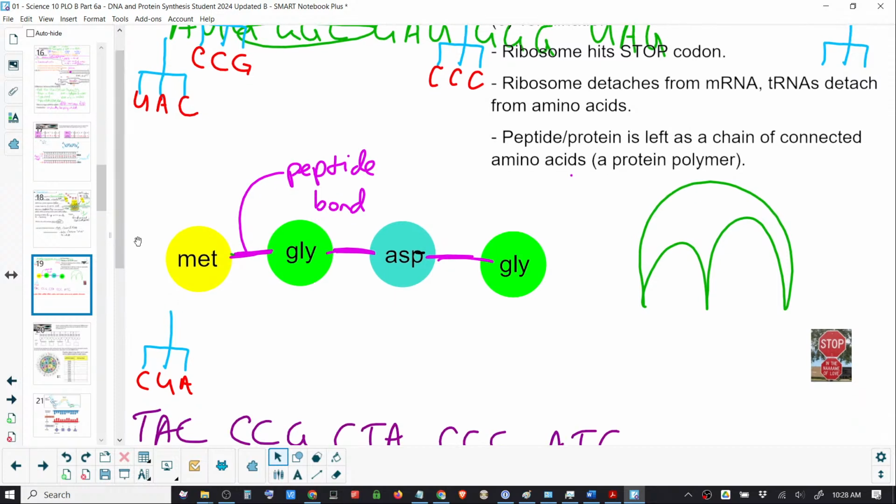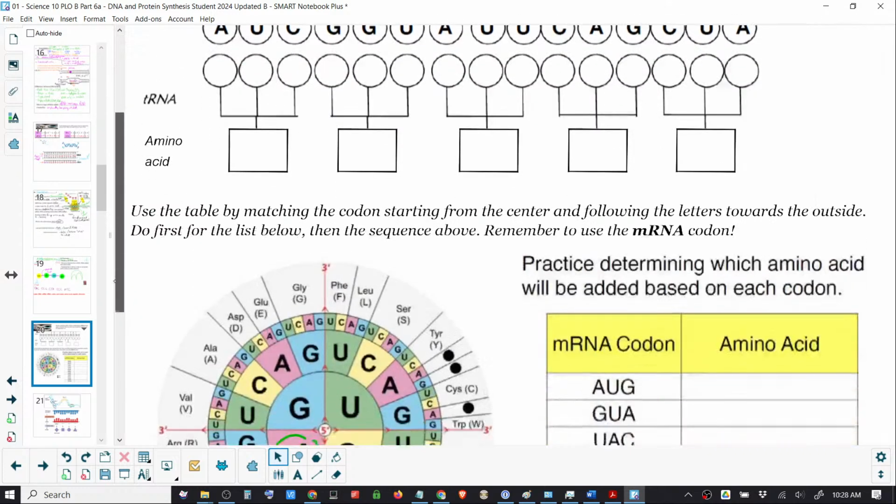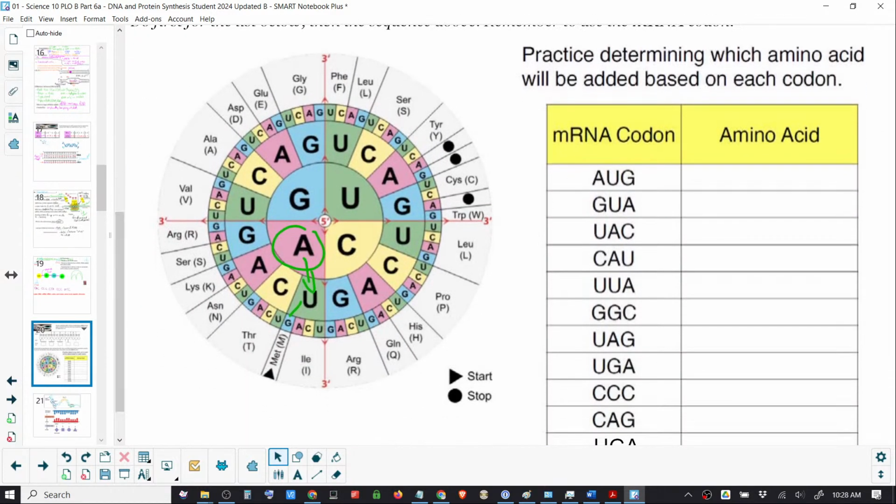Good? Excellent. On the next page, write in the mRNA to the tRNA and then the amino acid sequence. And just so that you become familiar with it, oh, is yours written on too? Sorry I didn't erase that before I printed. This is a different way of writing the table, and whatever university you go to, the most familiar one I've seen is the box table, but I really like this one.